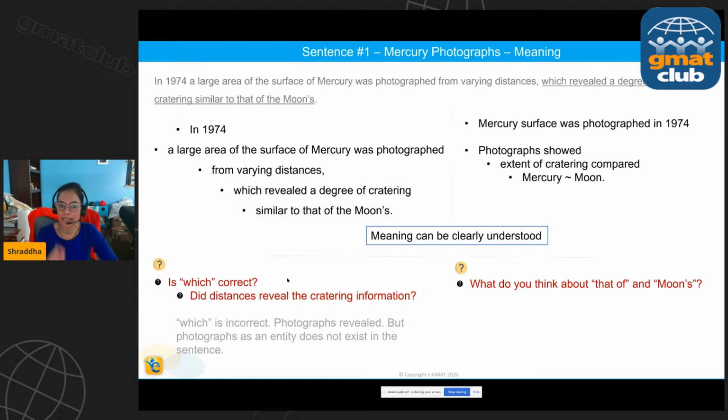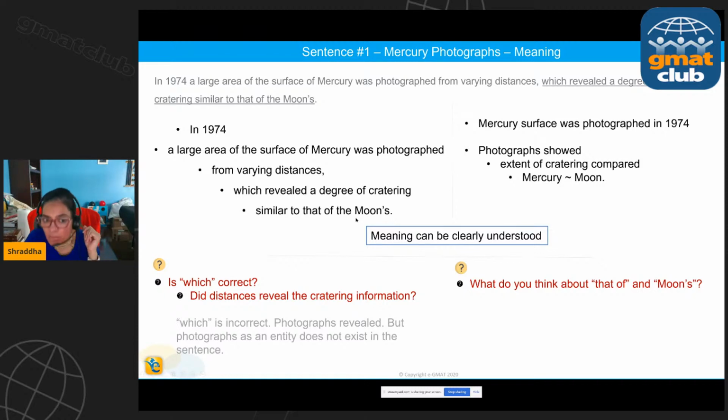Now, there is another thing that I looked at, and that was the last part of the sentence, "similar to that of the moons." This phrase, "that of," already presents the sense of possession. Say, the button of a shirt, which means that the button belongs to the shirt. So when we say cratering of the moon, we understand that we are talking about the cratering that belongs to the moon.